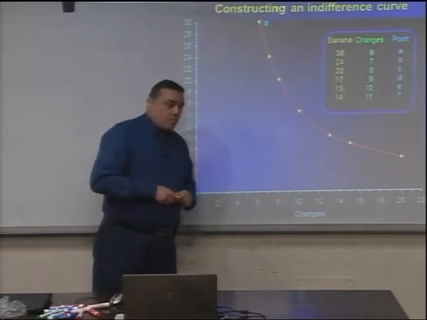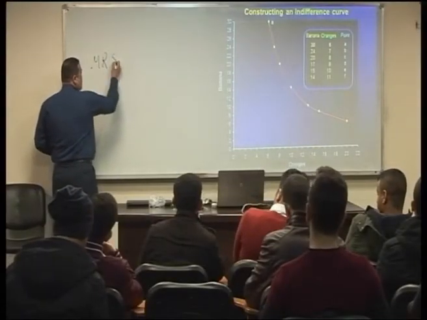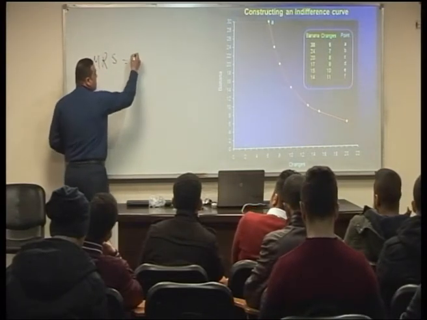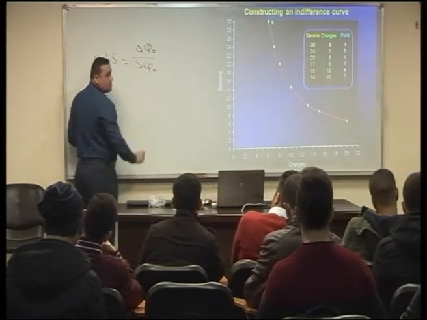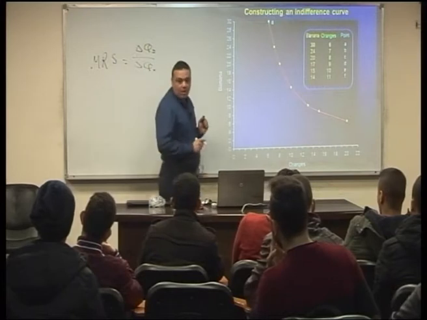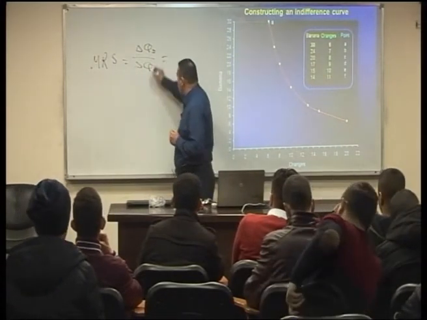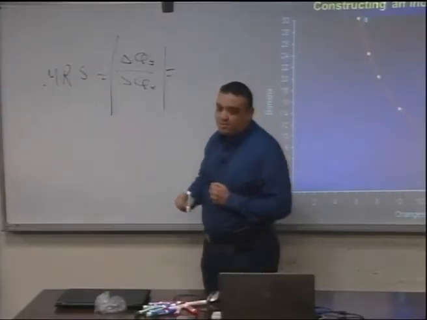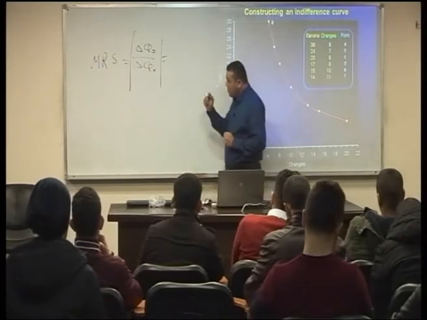Now, we said that the marginal rate of substitution equals delta qy over delta qx. And this is the slope of the indifference curve. The marginal rate of substitution is the absolute value of the change in y over the change in x.